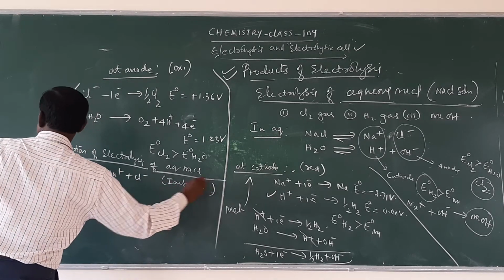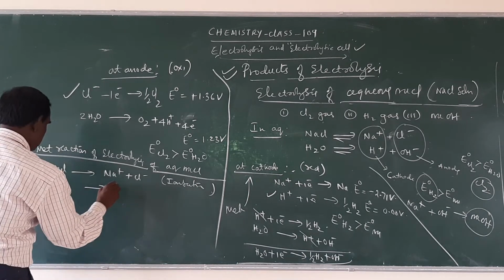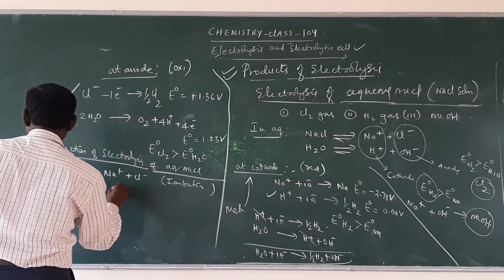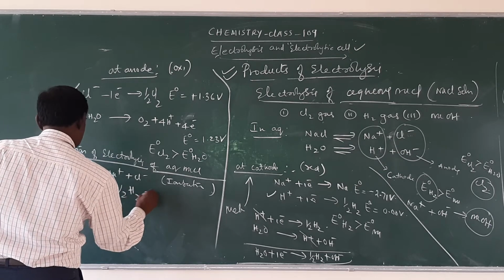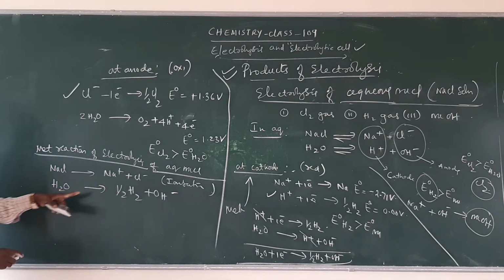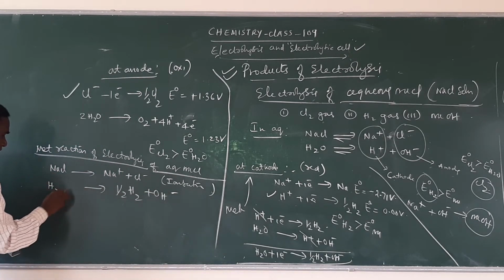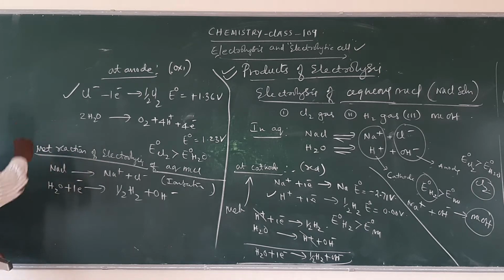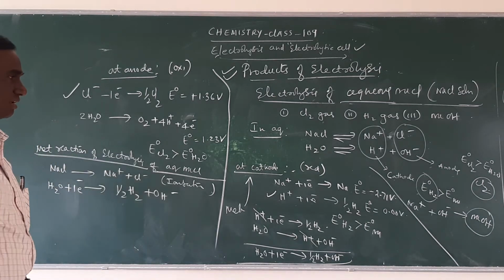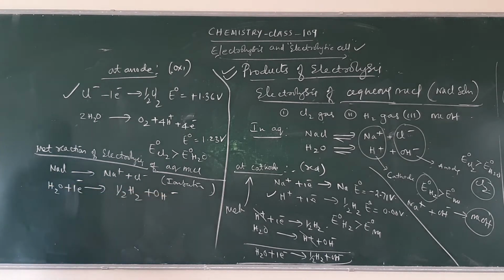Next, H2O plus 1 electron gives half H2 plus OH minus. You have to write H2O plus 1 electron.